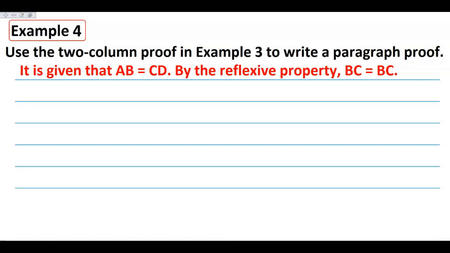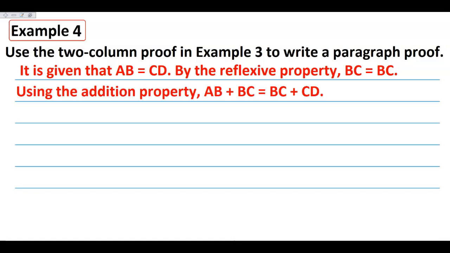So then our next line in our 2-column proof was AB plus BC equals BC plus CD. And we did that by adding BC to both sides. So now I can say that using the addition property, I get that AB plus BC is equal to BC plus CD. All right? So that's the third line in our proof that we've just taken and we've written as a sentence.